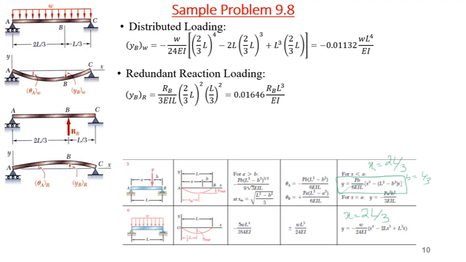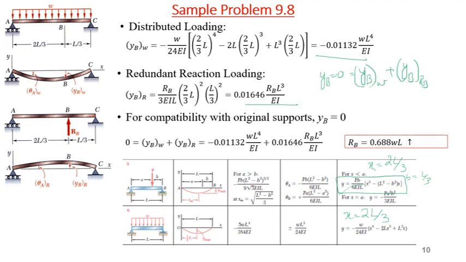Now, what is the compatibility equation? The compatibility equation was YB equal to 0: YBW due to the distributed load plus YB due to the concentrated load, that is RB. This must be equal to 0, and with that we get the value of RB.